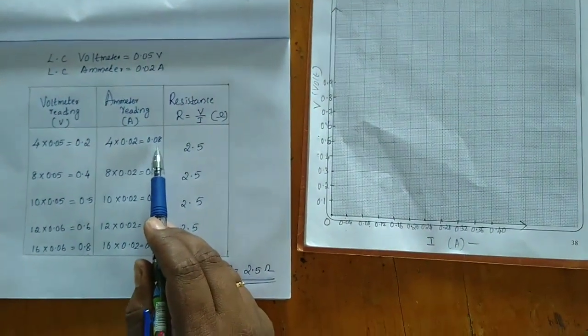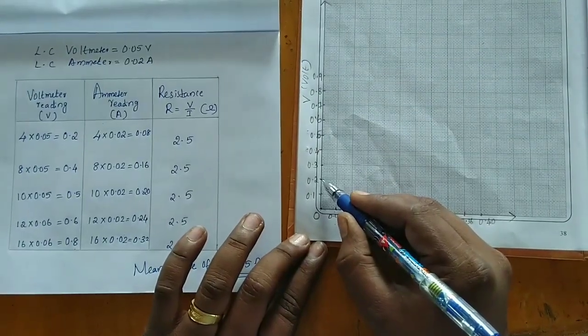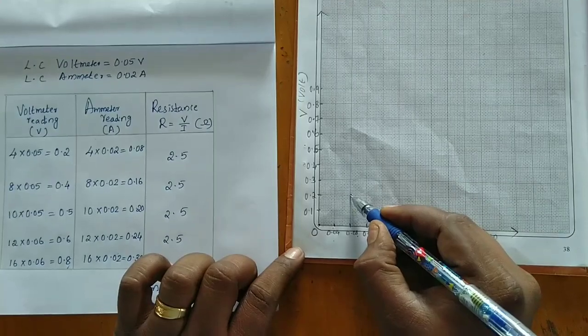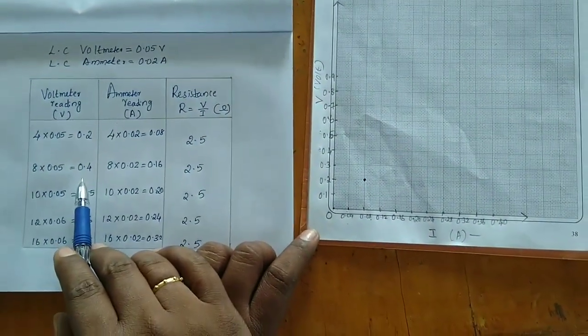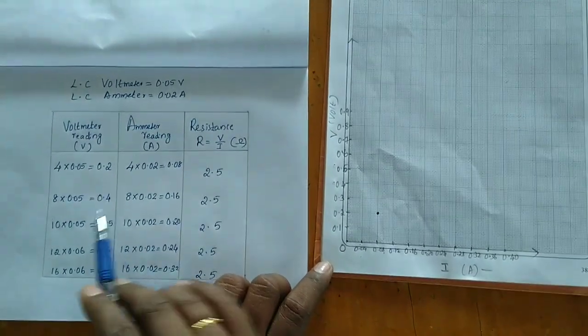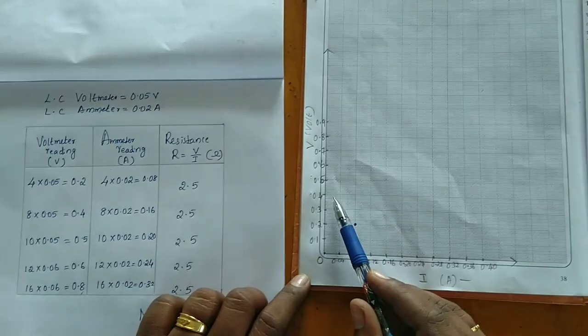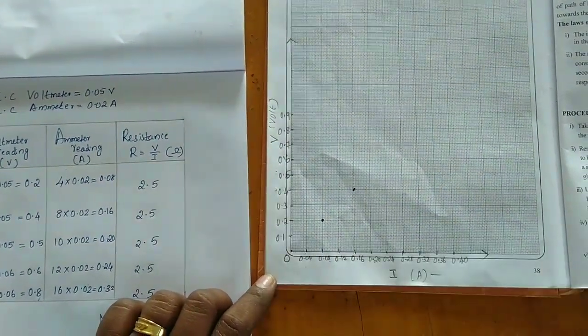The corresponding ammeter reading is 0.08. So this is the voltmeter reading 0.2 and the corresponding ammeter reading 0.08. Here I have to mark. Then next, voltmeter 0.4, corresponding ammeter 0.16. So this is for the voltmeter and 0.16 is here. I should give a dot here.